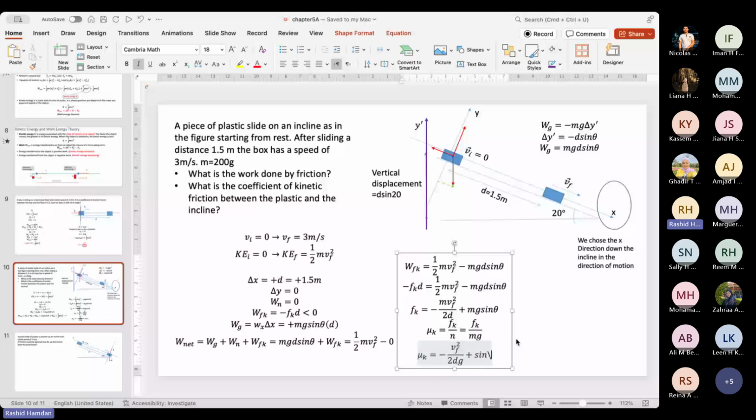Makes sense because mu is unitless and sine theta is unitless. So this second term comes from the work done by weight, the total energy given to the block. Some of the energy went to kinetic energy, and some of it went to friction. So we lost it as heat.